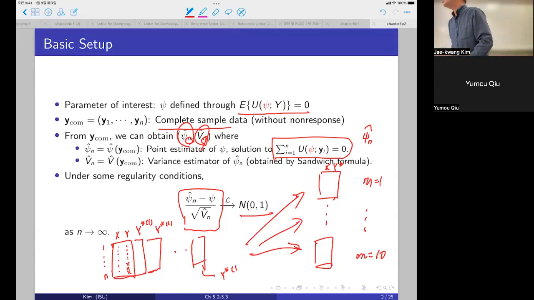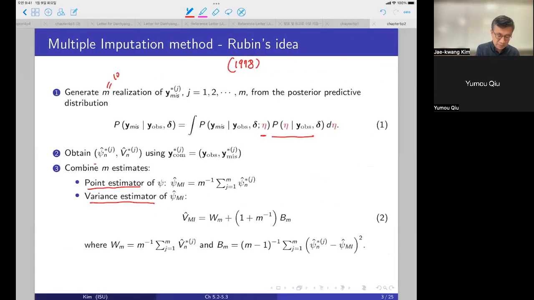Okay, so then you basically have M pairs of a point estimator and variance estimator. So that's what step 2 is about. Okay, so you have J equal to 1 to M. So M can be 10.